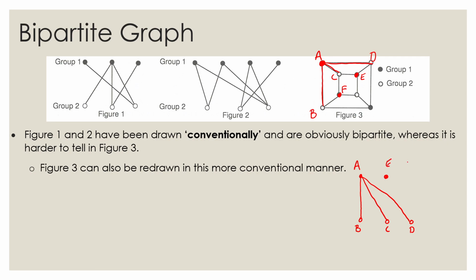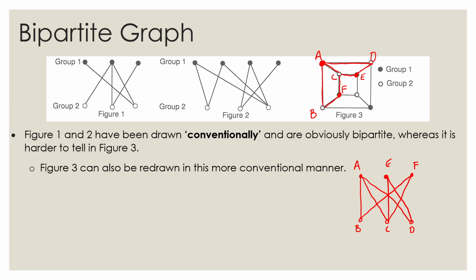So we have E and F. E is connected to D, so make that connection, highlight it as I go. C is connected to E, and C is connected to F. Lastly, B is connected to F, like so.